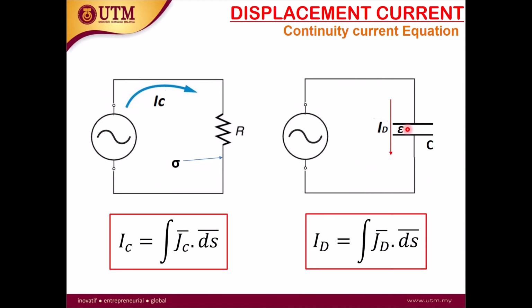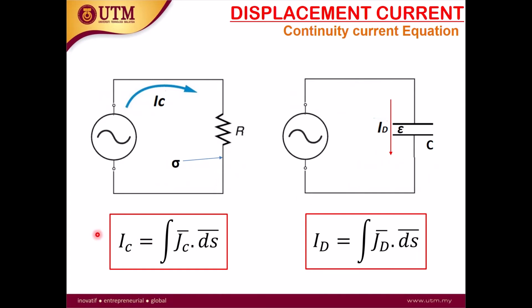Okay, let's say for the first case we have the sigma, and the second case we have the dielectric epsilon, and this is a capacitor with a certain surface area. So we can determine the conduction current as well as the displacement current. How to determine it?